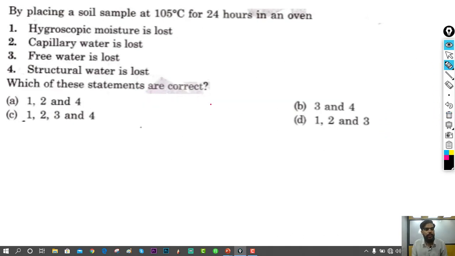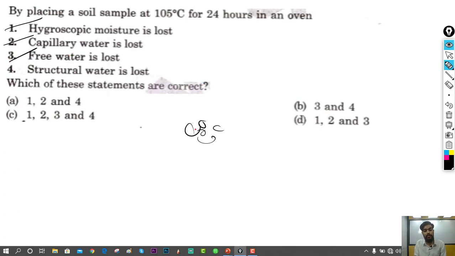In this question, what we are given is that a soil sample is placed at 105 degrees Celsius for 24 hours in an oven. Which of the waters will be removed from the soil? Hygroscopic moisture of the soil is lost. Capillary water, the water that is in the capillaries of the soil, is also removed. Free water is also removed.